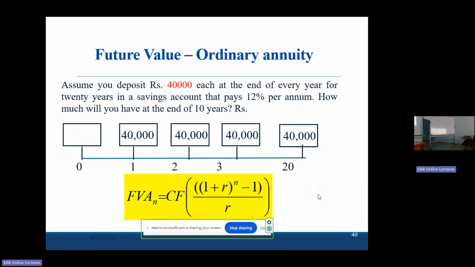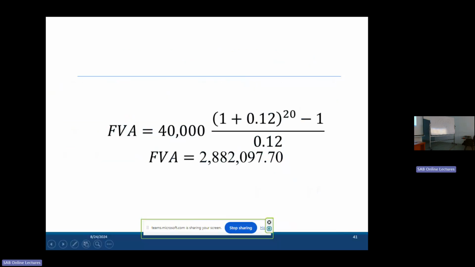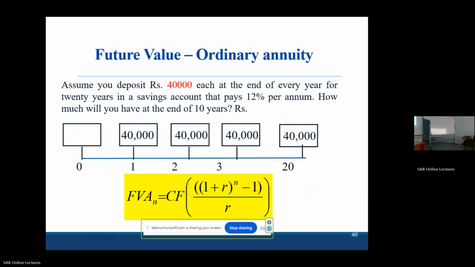When it says at the end of every year, it says that this is an end-of-period annuity. Without the question stating it, realize this is ordinary, because 40,000 occurs at the end of every year, that is, at the end of the period, for 20 years in a savings account that pays 12% per annum, annually.